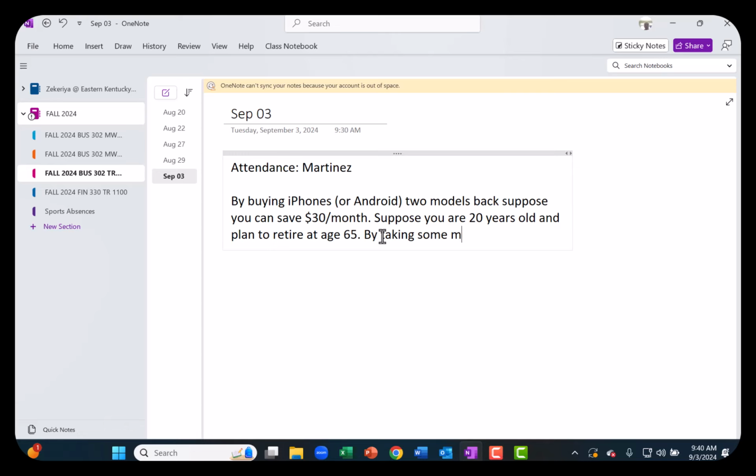By taking some moderate risk, you believe you can earn 10% APR in inflation adjusted terms on the balance of your savings.